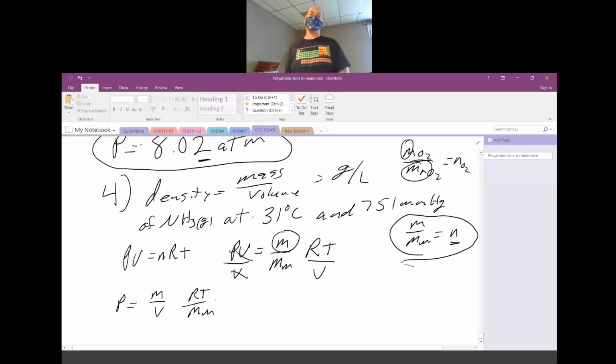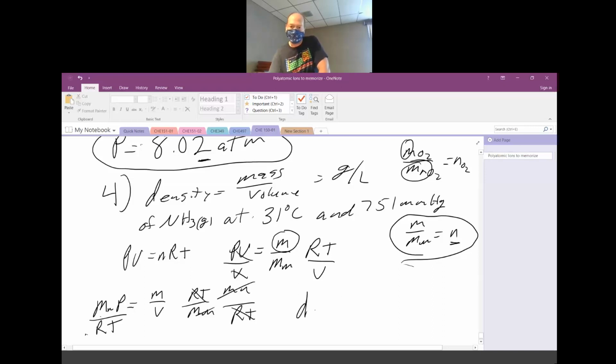Well, I want the density on the one side by itself, and so I have to multiply both sides by molar mass. When I do that, molar mass is gone. I have to divide both sides by RT, and then that is gone. And so now I have that my density, which is my mass over my volume, is equal to molar mass times pressure divided by R and T. So again, you either derive it, you memorize it, whichever way you want to do it.